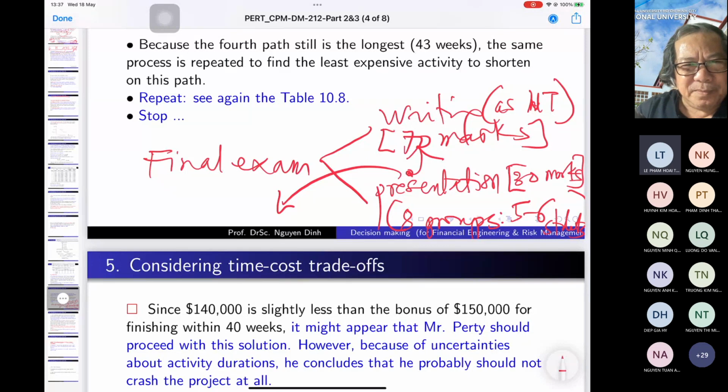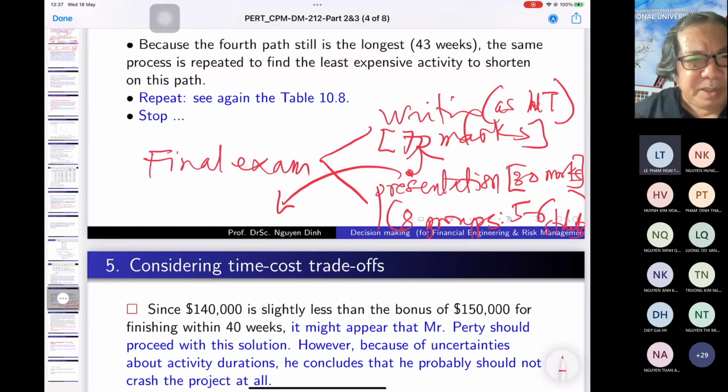I download this one, and you remember that I will check attendance, and if a student comes late 10 minutes or more, we minus 5 points.